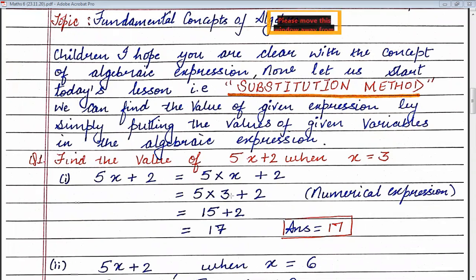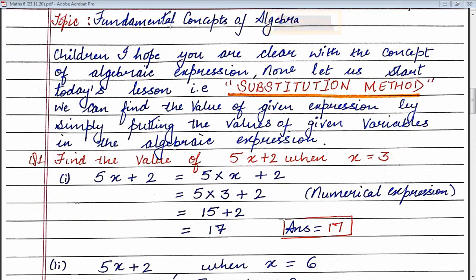5 threes are 15 plus 2. According to BODMAS rule, you have to multiply first. 5 threes are 15 plus 2. So your final answer is 17. What is your final answer? 17.